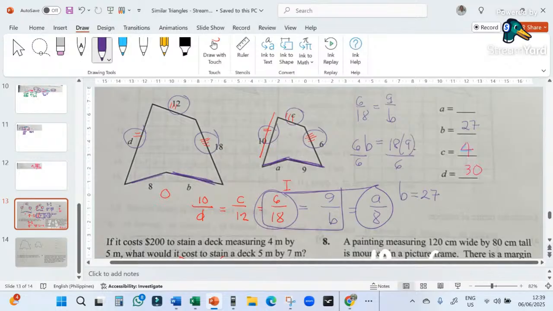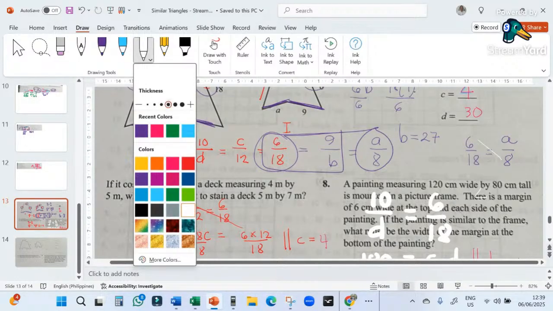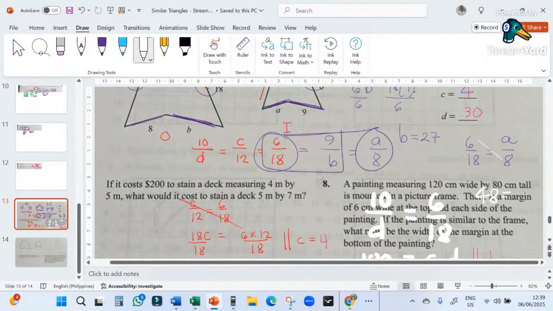For letter A, we will be equating 6 over 18 with the A over 8 equation. All right. 6 times 8 is 48. 48 equals 18 times A, is 18A.